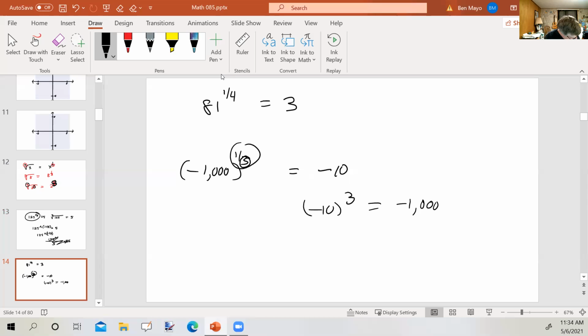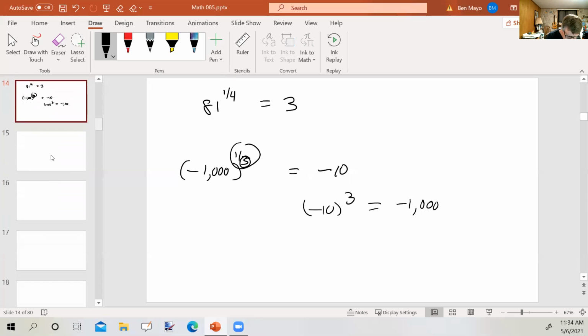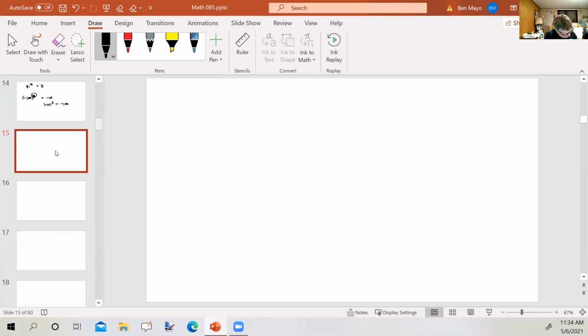All right, now, this says, simplify each expression, assume that the variables can be any real number, and use absolute value symbols when necessary. Okay. So we've got 4x squared to the 1/2 power. We have a product raised to a power.